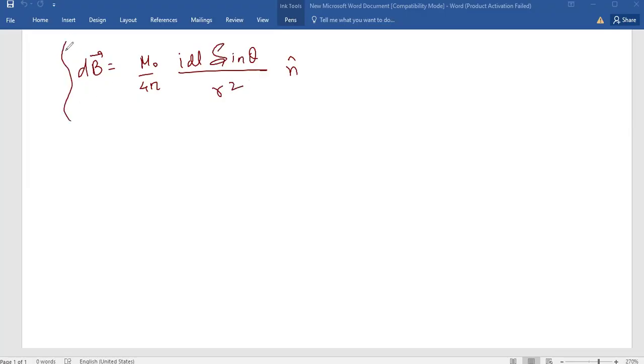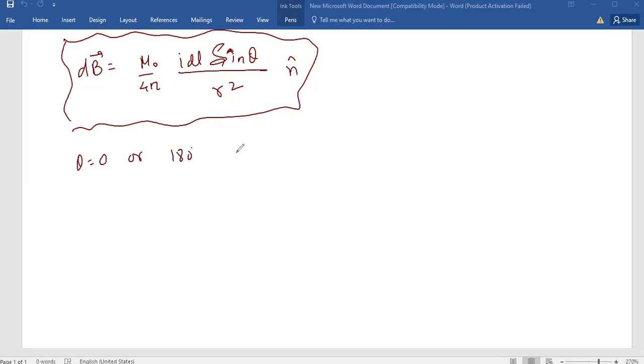Yes, this is much more useful to us, where theta is the angle between the current element and the position vector from the current element to the point at which you want to determine the magnetic field. That is the reason if theta is equal to 0 or 180 degrees, it implies that the point of observation is lying on the wire itself.